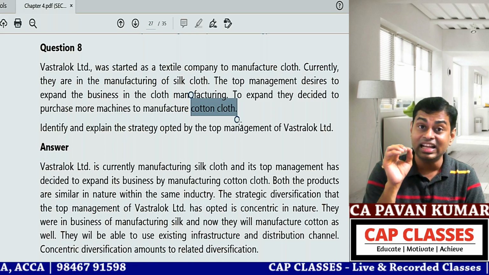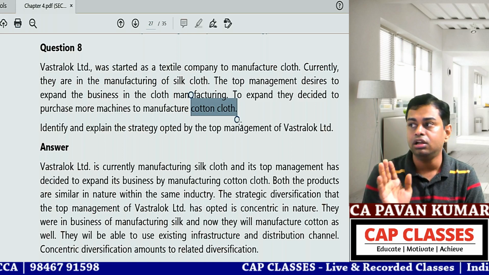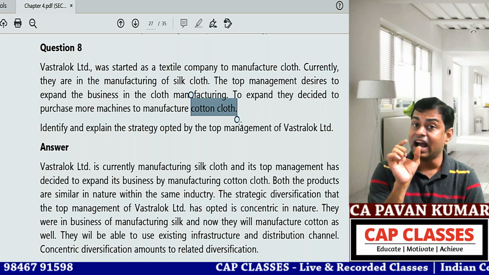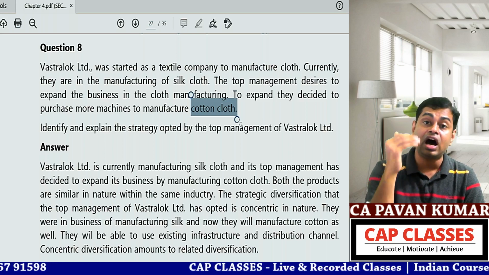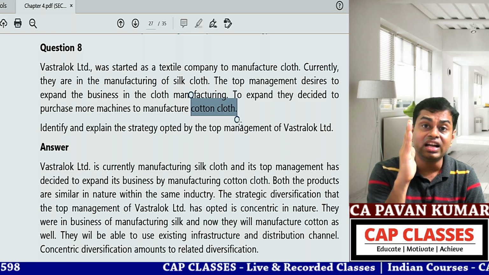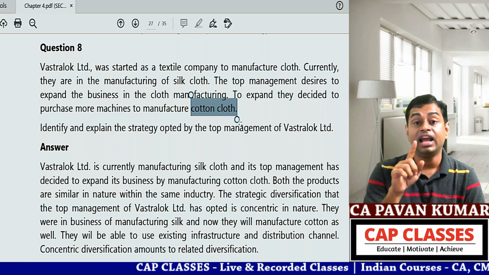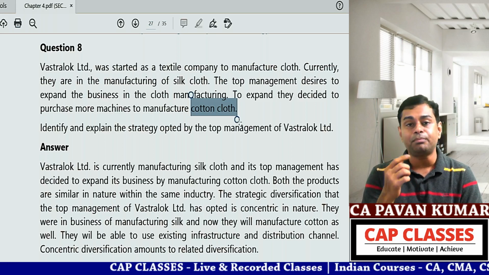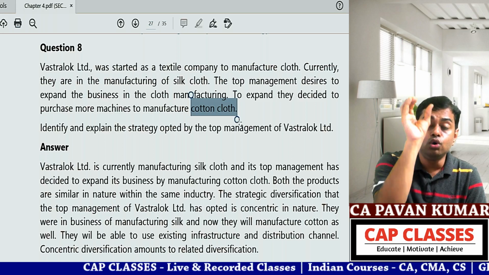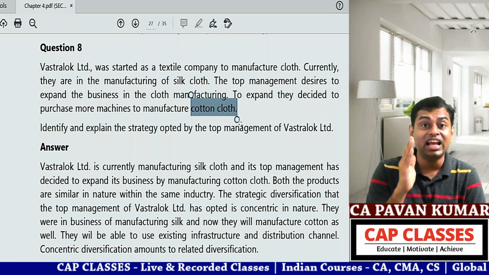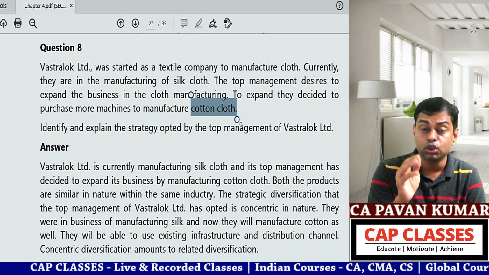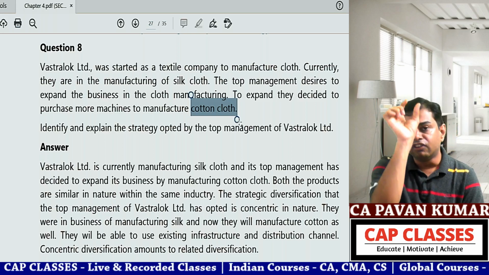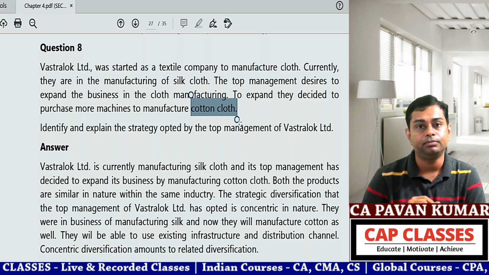Is it vertical integration? No. Why? They are not moving forward or backward in the vertical supply chain. They are jumping out of the supply chain. They are not into the supply or manufacture or sale of silk cloth. So they jumped out of the vertical supply chain.